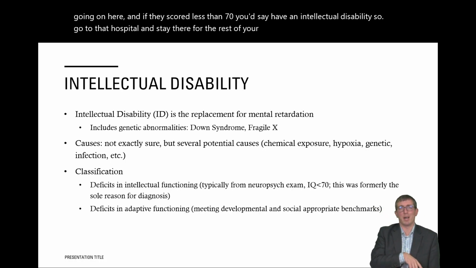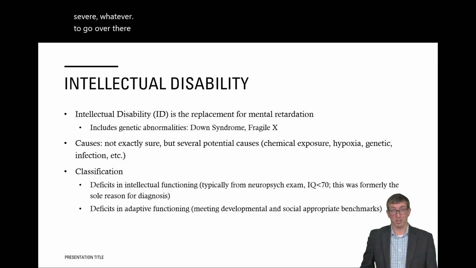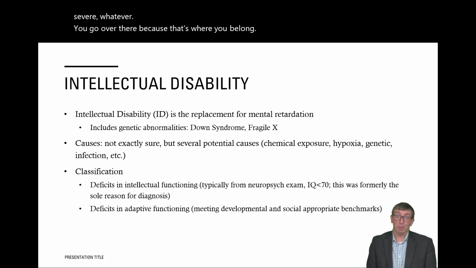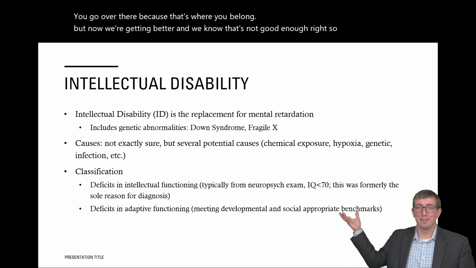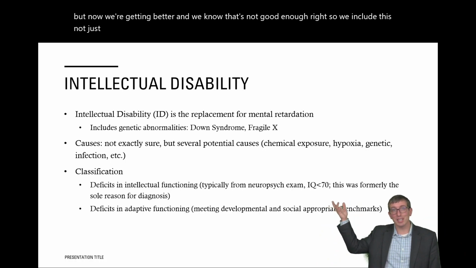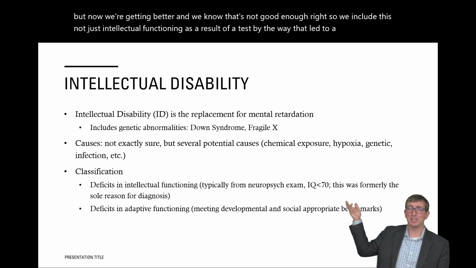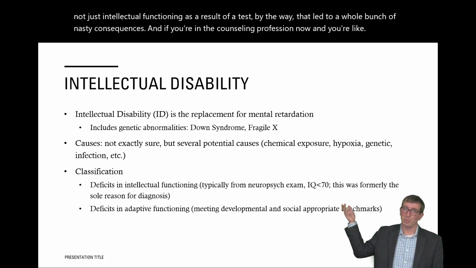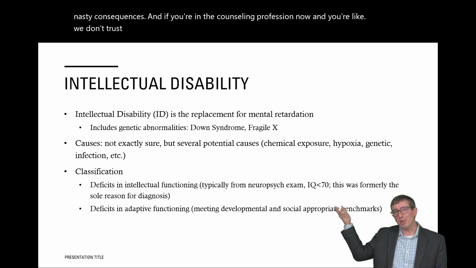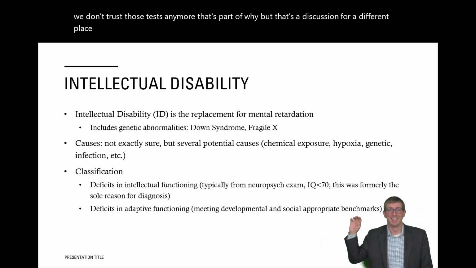We don't care if it's mild, moderate, severe, whatever. Go over there because that's where you belong. But now we're getting better, and we know that's not good enough, right? So we include not just intellectual functioning as a result of a test. By the way, that led to a whole bunch of nasty consequences. And if you're in the counseling profession now and you're like, we don't trust those tests anymore, that's part of why. But that's a discussion for a different place or a different day.